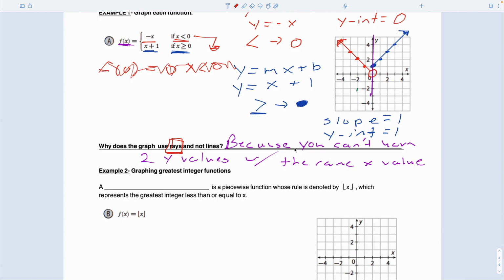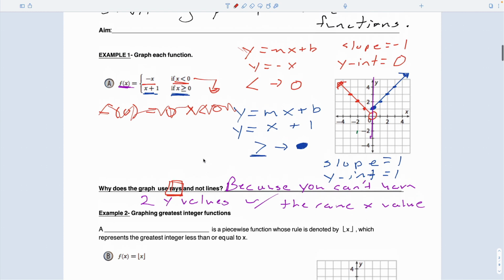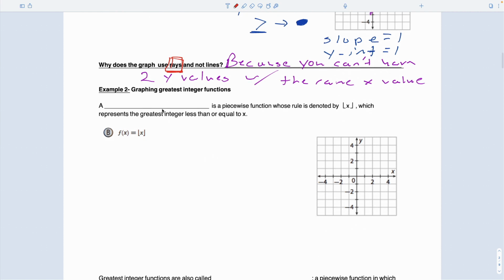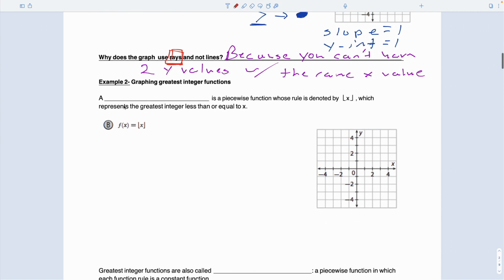Stan, I'm going to pause you. Example 2, graphing greatest integer functions. Do I want to do this one? Yeah, sure. Maybe I want to just get this.